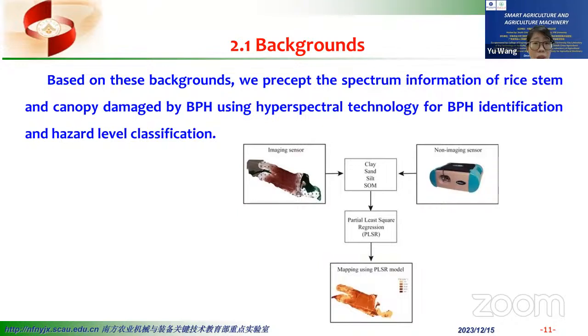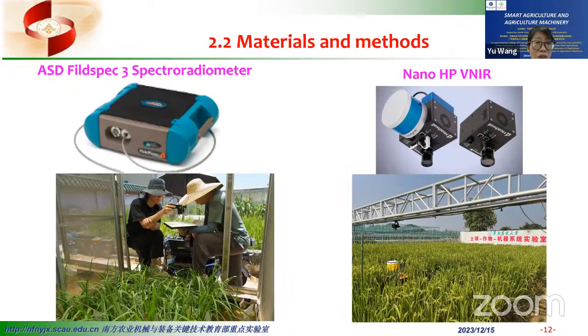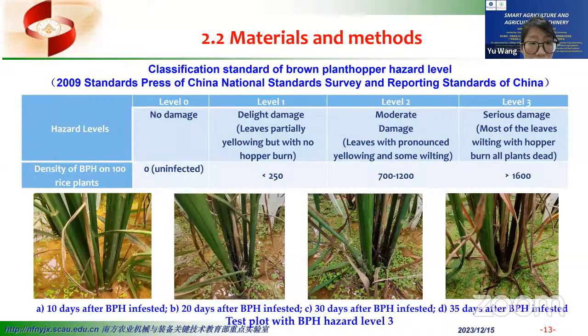Based on this background, we perceived the spectral information of rice stem and canopy damaged by BPH using hyperspectral technology for BPH identification and hazard level classification. The 2 main devices we used were ASD FieldSpec and Nano HPV. The BPH levels were set to 4 levels based on the density of BPH on 100 rice plants.